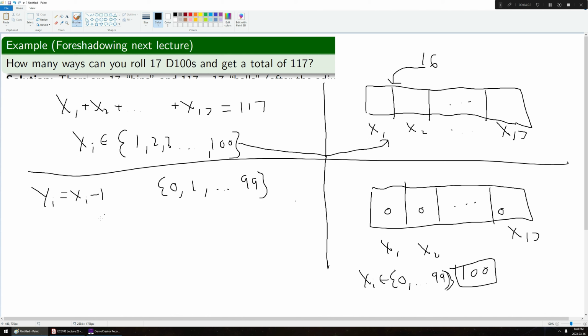Now I want to solve for x, so xi is equal to yi plus 1. If I plug this in for each one of these substitutions, I'm going to get 17 ones, which I then subtract. From there, I get the new equation, y1 plus all the way up to y17 needs to now be equal to 100.